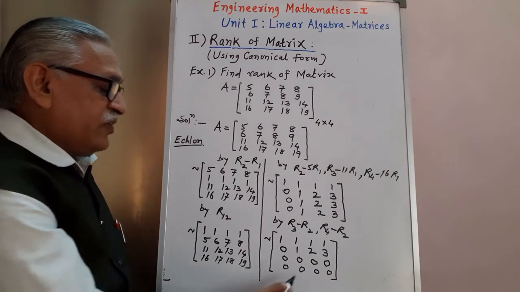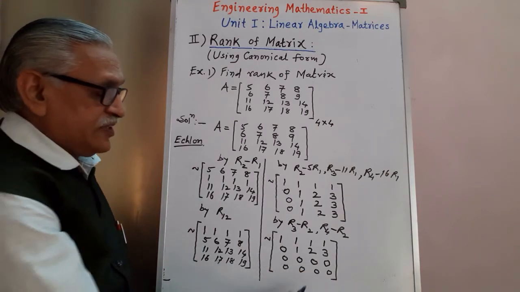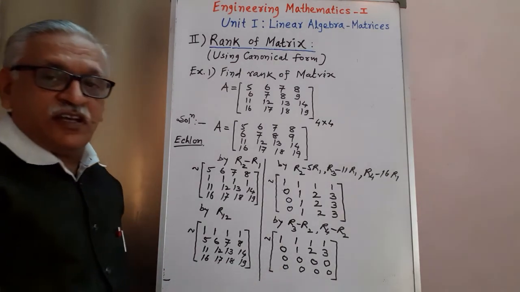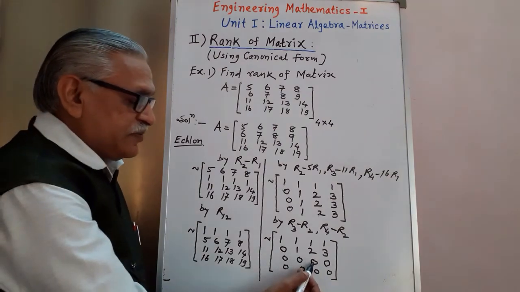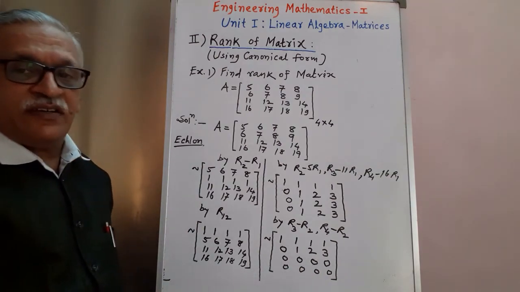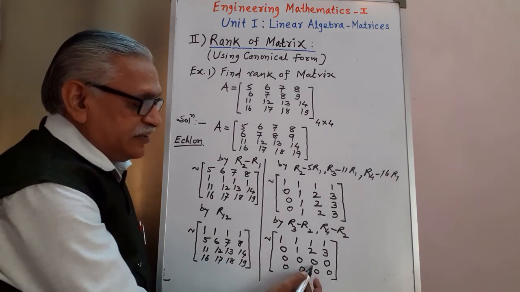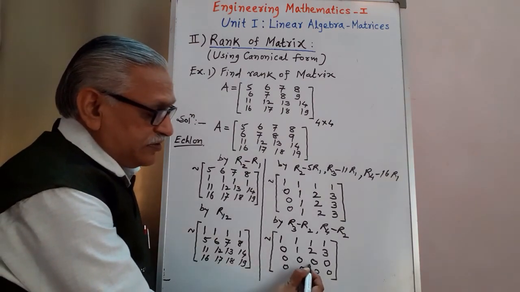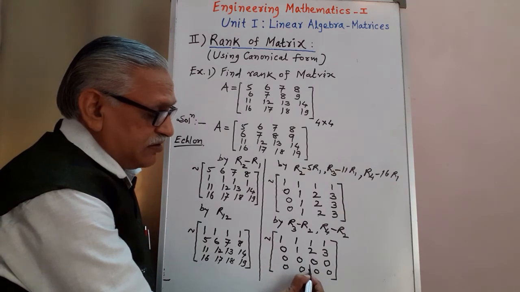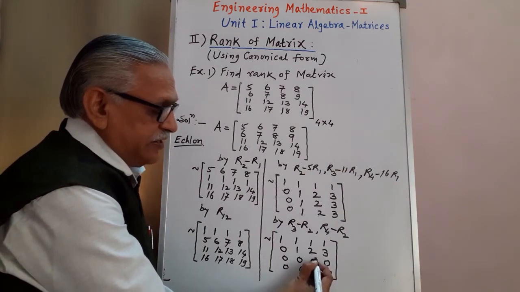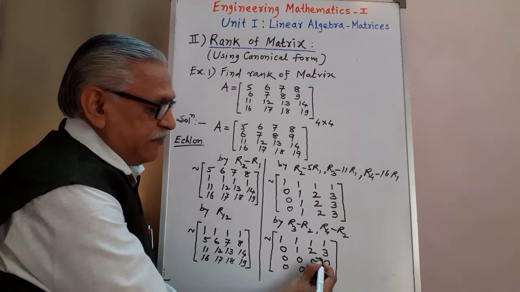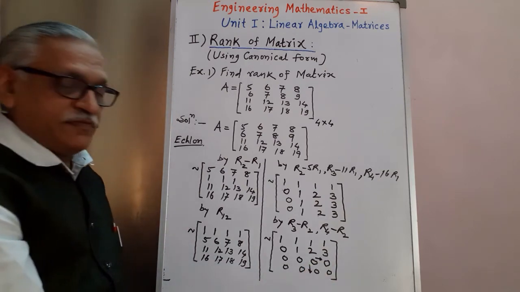Then we go for the third diagonal element. Here in the process it becomes 0. Then we think, can we make it non-zero by interchanging the elements below it and by interchanging elements in front of it?